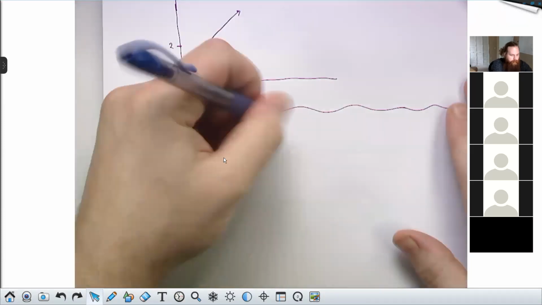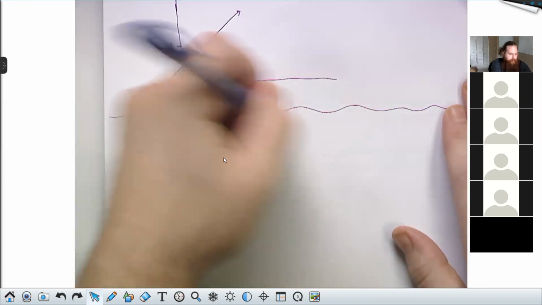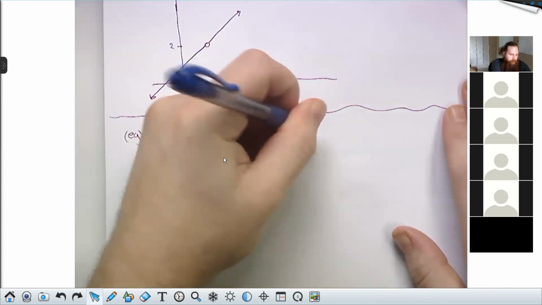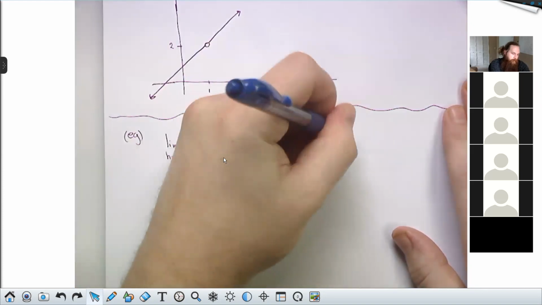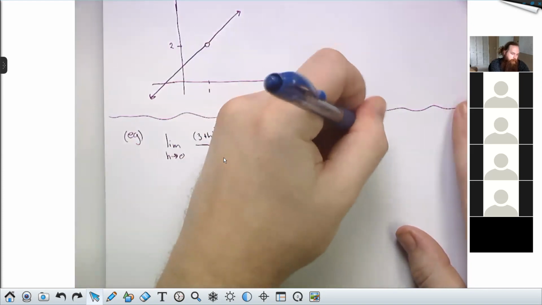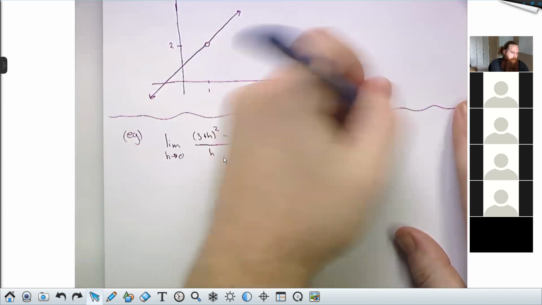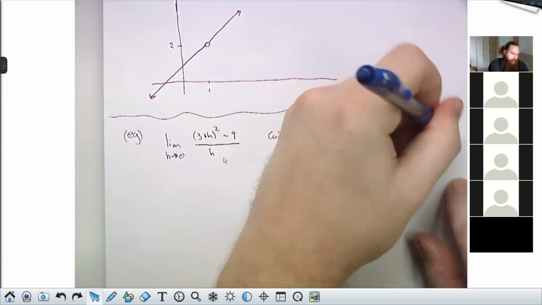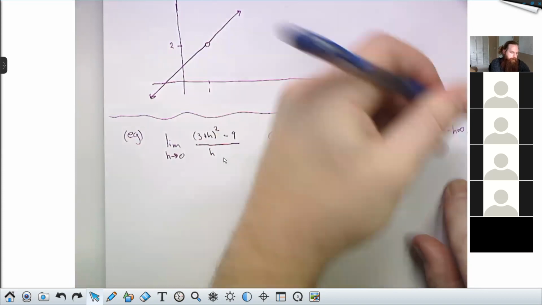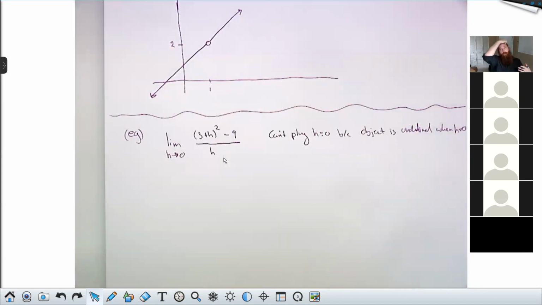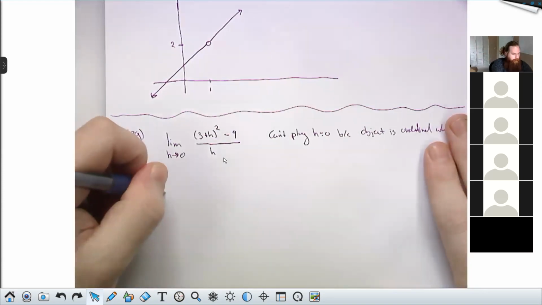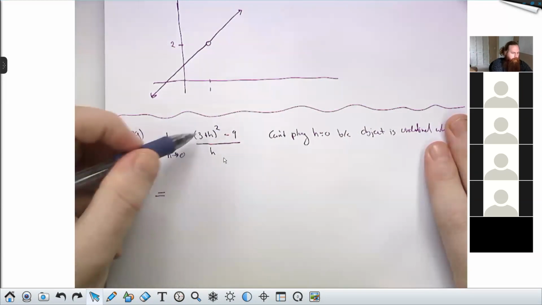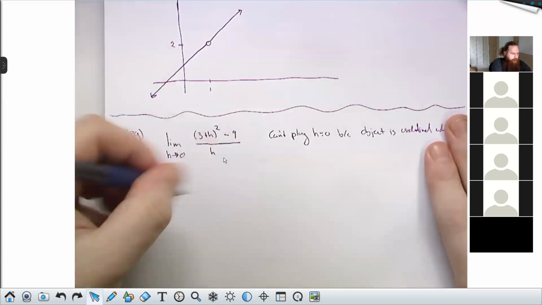So I can't just plug in h equals 0, because the object is undefined when h equals 0. So instead, I'm going to have to do some amount of algebra. And here, there's only kind of one thing to even try. We should try foiling this out and just see what happens.